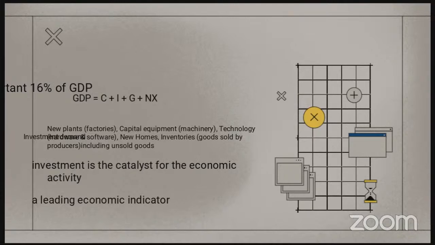So that's why investment is also a leading economic indicator, because if you look at investment as a percentage of GDP, which means 16%, and tie it to the business cycle, anytime business investment falters it can cause a recession. And the longer investment spending wanes, the longer the recession will last.